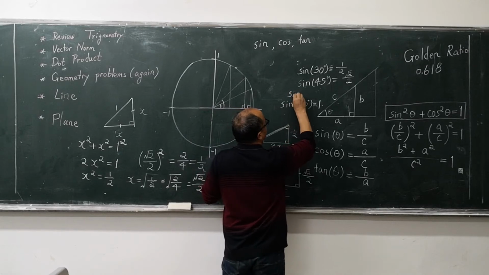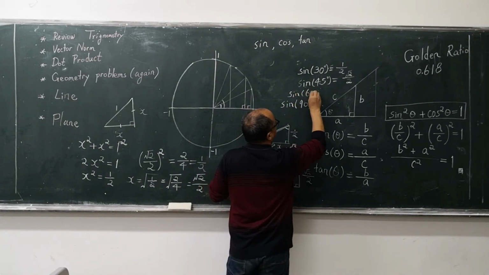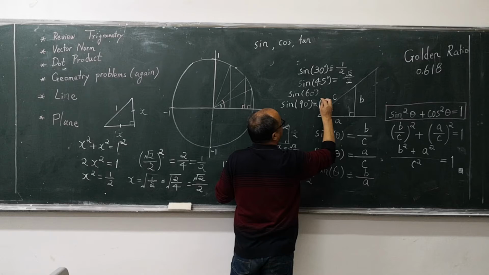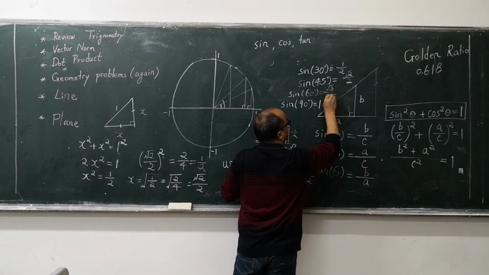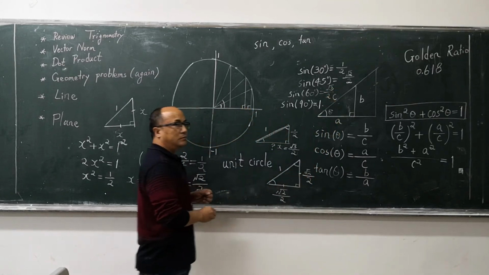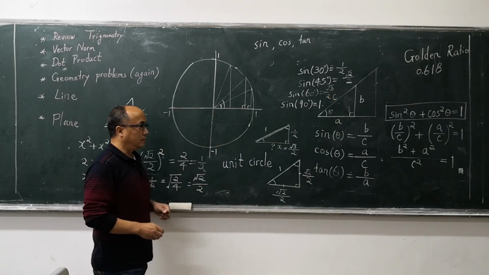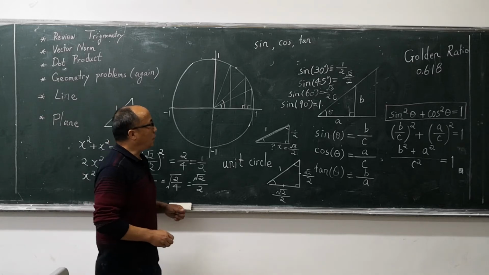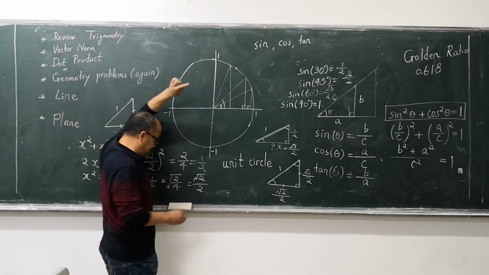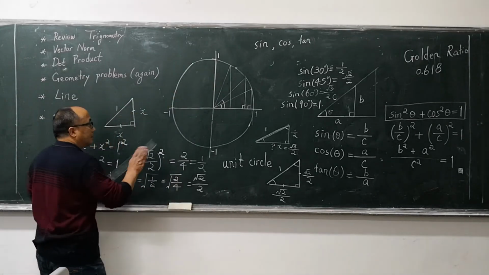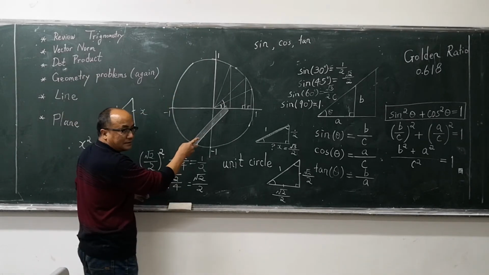Sine 60 degree. Sine 60 degree is what? Is square root 3 over 2. Is this a line? Okay?